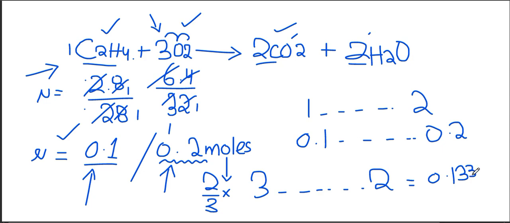Now you can recognize which value is less. Since the number of moles of carbon dioxide produced by O2 is less, oxygen is the limiting reactant. It produces only 0.133 moles of CO2, and on the other hand I get 0.2, which is of course a greater value.